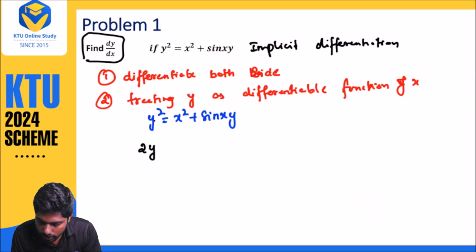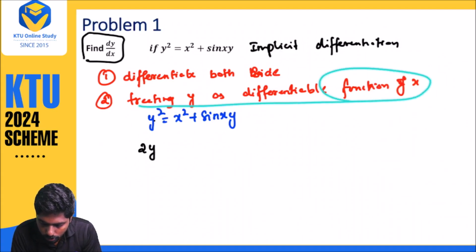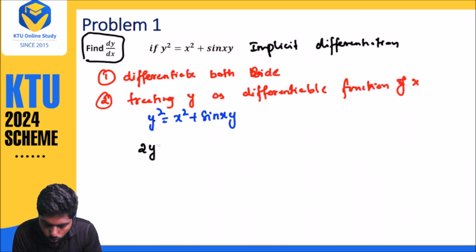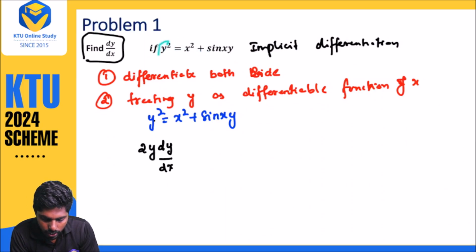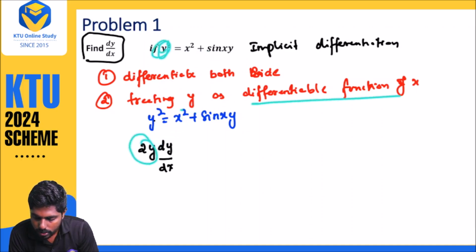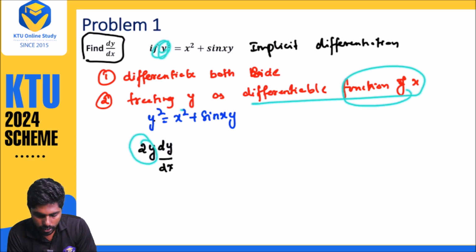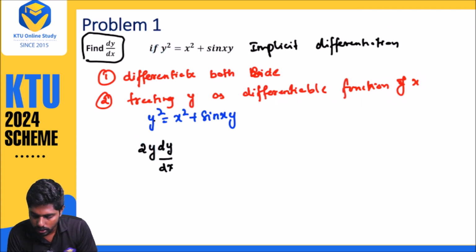The second condition is treating y as a differentiable function of x, so 2y will be written as 2y dy by dx. Differentiating both sides means differentiating y square gives 2y, and treating y as a differentiable function of x means dy by dx.